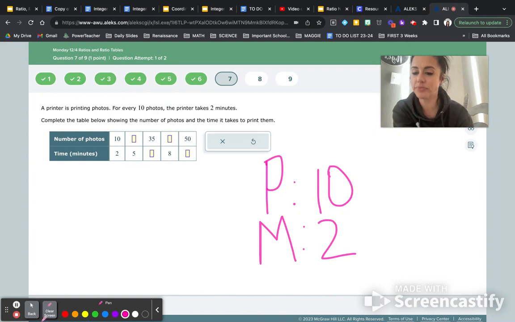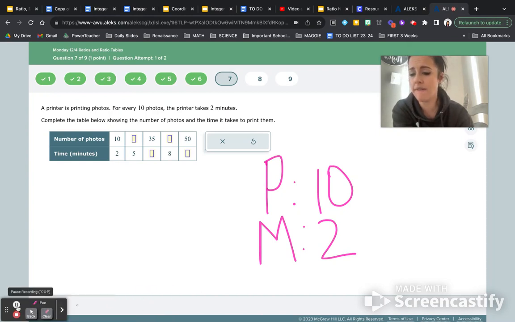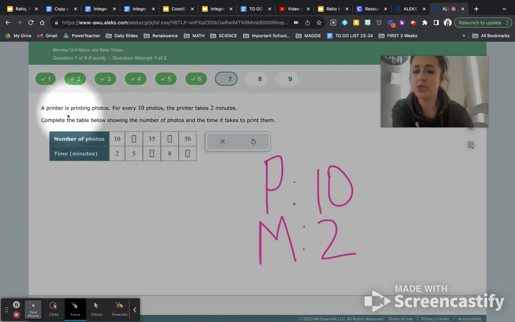Okay, cool. So now let's try to figure out how we can finish out this ratio table. Everything needs to be equivalent. So I have 10 photos for 2 minutes, and I want to stick with that.